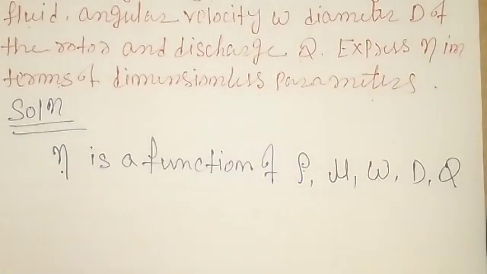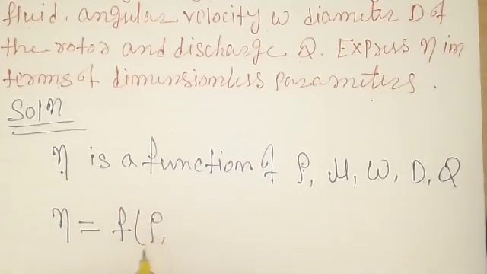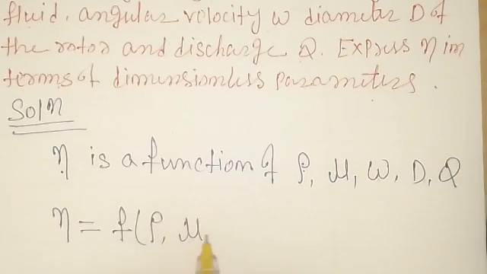You have to include all, dependent and independent both, right? So in mathematical form you can write eta is equal to a function of rho, mu, omega, D and Q.